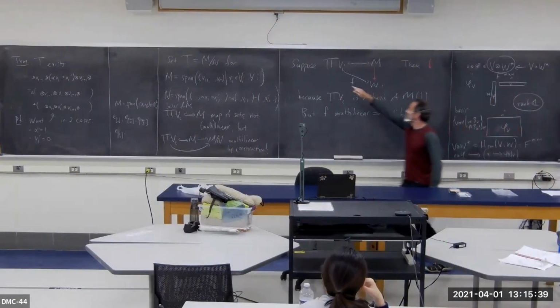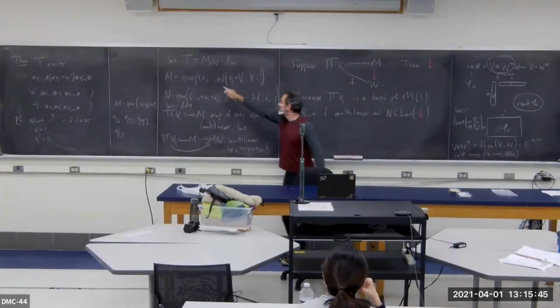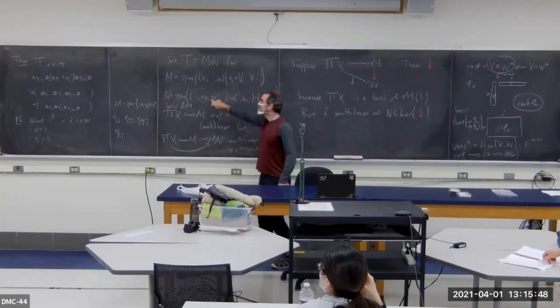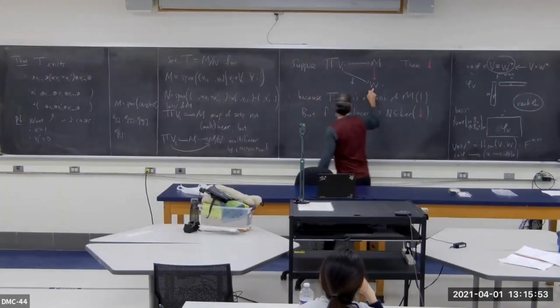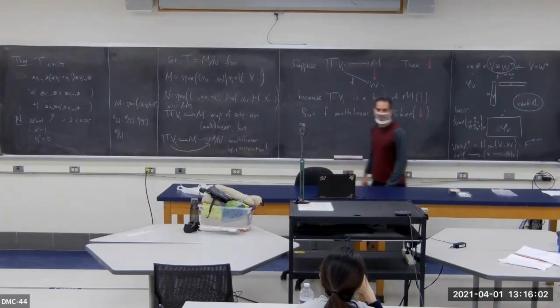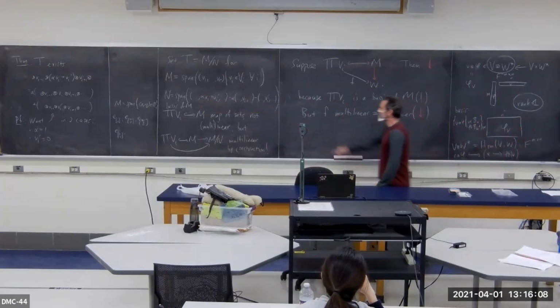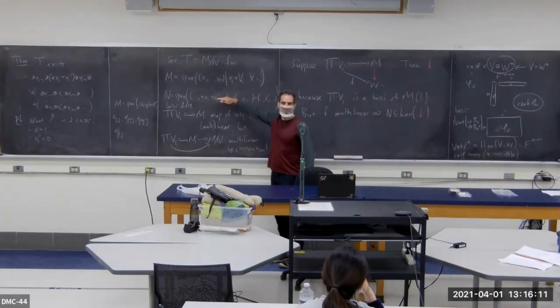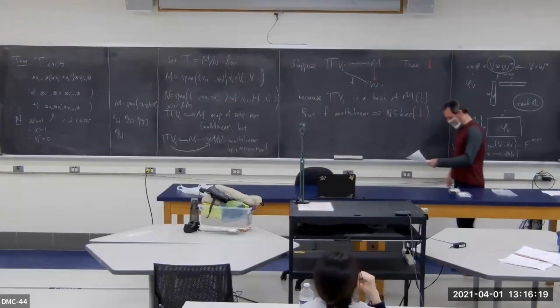Because if you take an element in here, a list of vectors, and if this list of vectors had an alpha v_i plus v_i prime there, that maps to some element of W, and this guy maps to some element of W, and this guy maps to some element of W. If F is multilinear, then the image of this one is equal to alpha times that one plus that one in W. Right? What that means is that this relation holds in W. If F is multilinear, then this relation holds by the time you map it to W. And that means that N is contained in the kernel of this down arrow.